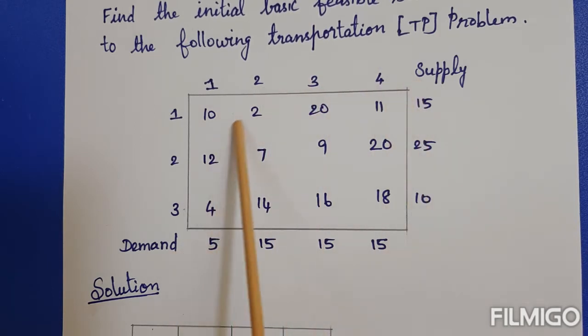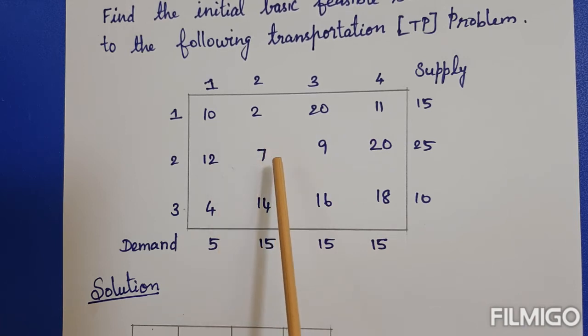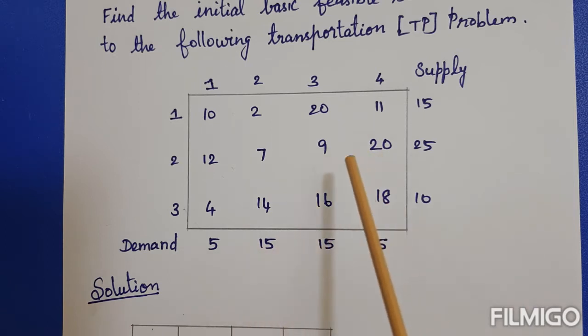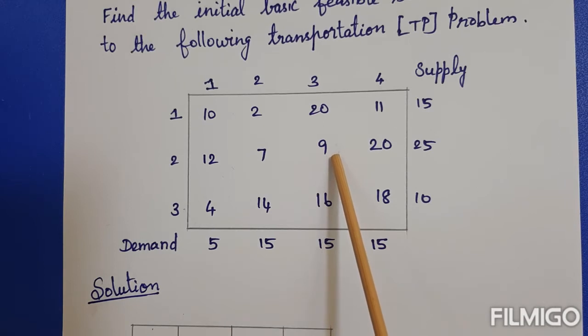These are the costs, Cij. That is, Cij is the cost of transporting one unit of commodity from the source Si to the destination Dj. Suppose if we take this, it is denoted as C23.